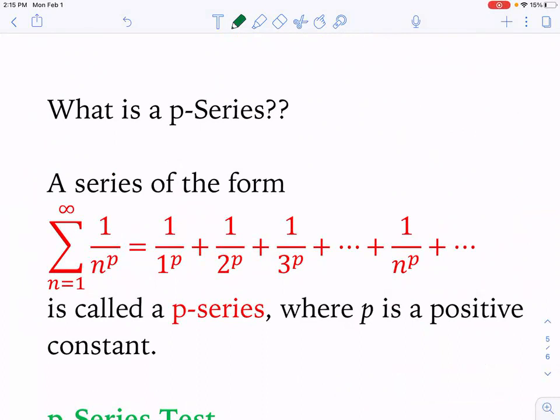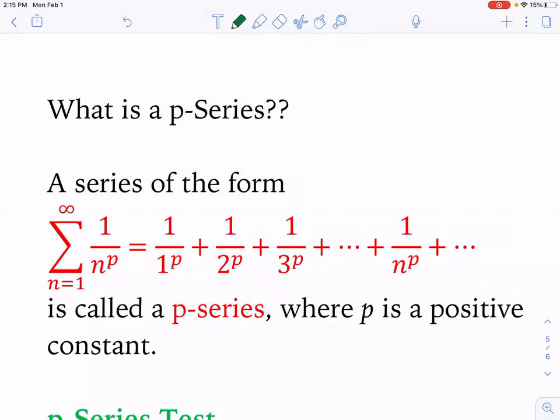But I want to talk about maybe what you think the rules are going to be. The integral test, we're basically going to generalize for this rule.